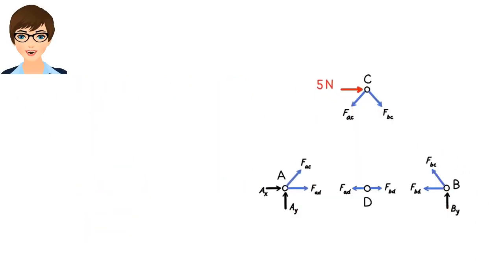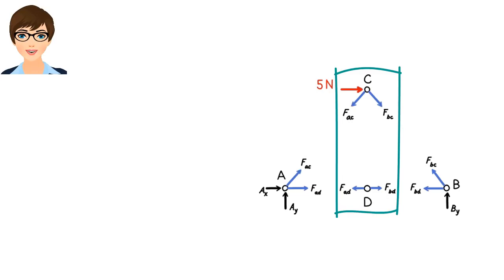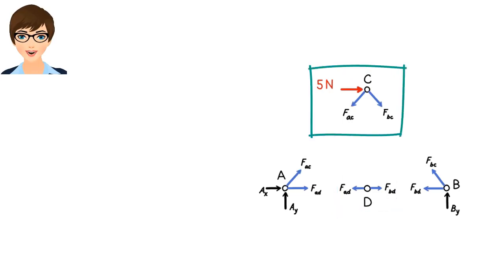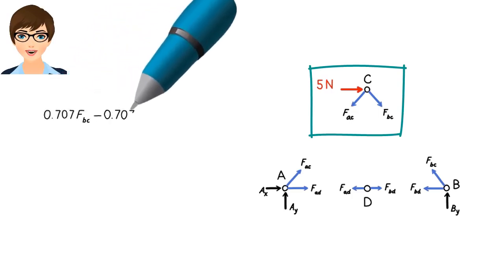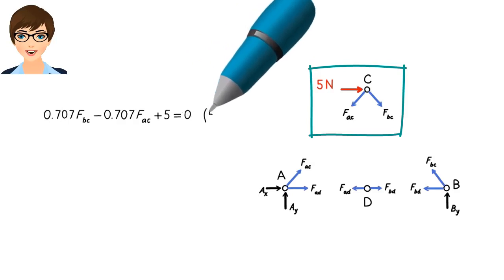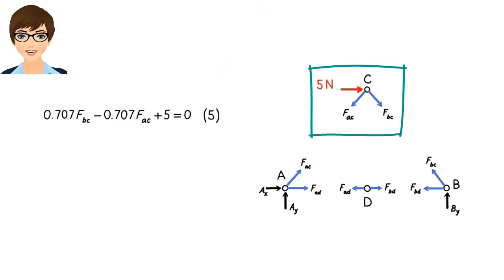Now, if we replace FCD with 0 in the joint free body diagrams, we get. Scanning the diagrams again, I notice joint C. It now has only two unknowns. So, I should be able to solve for the unknowns using equations 5 and 6. Here they are in simplified form, where FCD is replaced with 0. 0.707 FBC minus 0.707 FAC plus 5 equals 0.